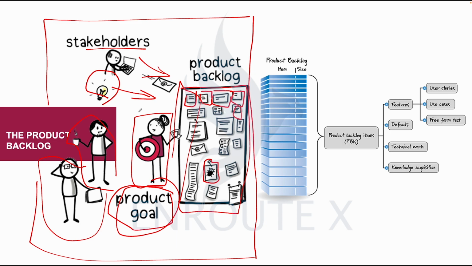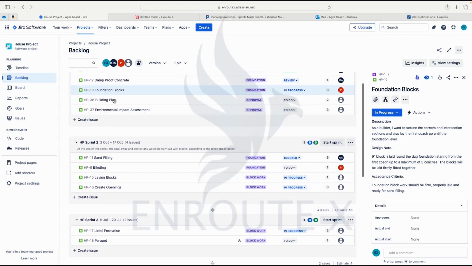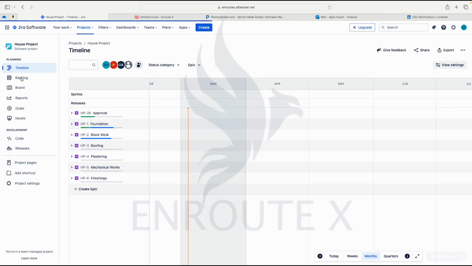Mind you, the empiricism of Scrum talks about transparency, inspection, and adaptation. So, according to Scrum, all requirements should be sent to the product owner, and it should find its way written in the product backlog. So when anyone looks at the product backlog, at a quick glance, you see clearly what needs to be done, what is being done, what is left to be done. So we call a detailed product backlog, not product backlog this time, a timeline, as the product roadmap.